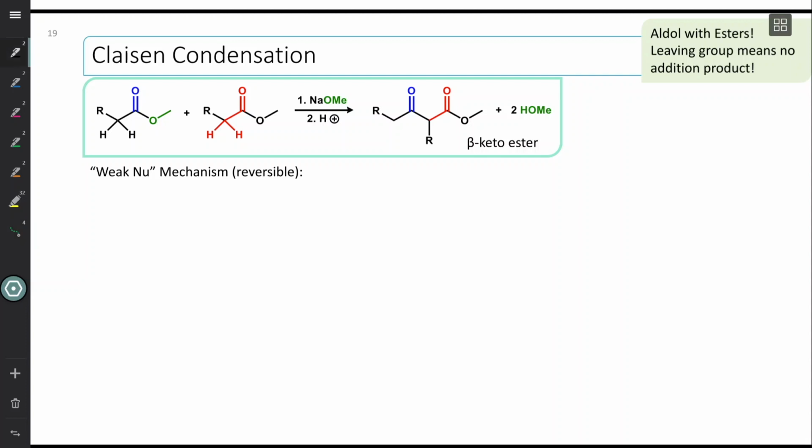So what's going to happen when one of them attacks, if one of these acts as the nucleophile and attacks the electrophile, instead of getting an aldol addition where you get an OH, we're going to boot off this leaving group. So let's see what that looks like.